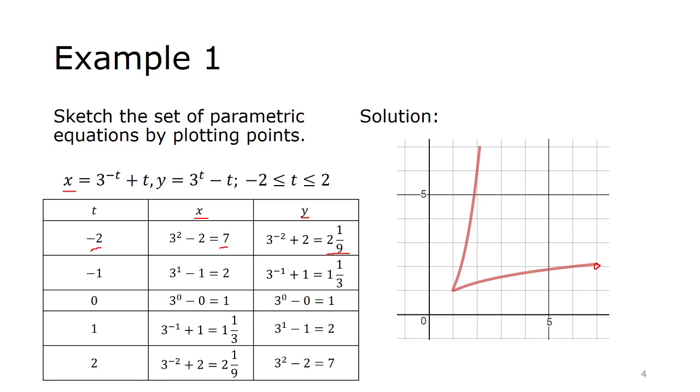And notice as t increases, as t gets larger, those x values are moving back towards this point 1, 1, which is a cusp in the graph. So our graph is actually heading towards the left there as t increases. And then once we reach that cusp, the y values shoot up, and we can see that the graph continues to go up this direction. So we can draw little arrows on the graph like so, to indicate the direction of the curve.